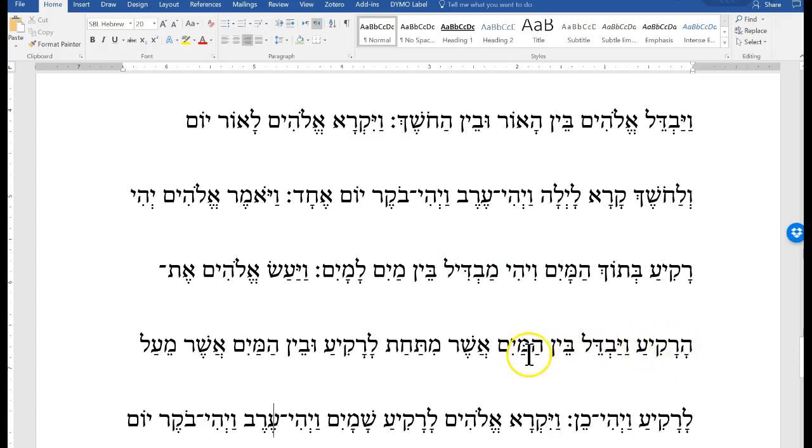And it divides between the waters which were from underneath to the Rakia. So tahat is underneath, and then from is min. The noon disappears in that doubling dagesh. So from underneath to the, notice that implies a definite article, Rakia, which were from underneath to the Rakia, and between the waters, which were from upon to the Rakia.